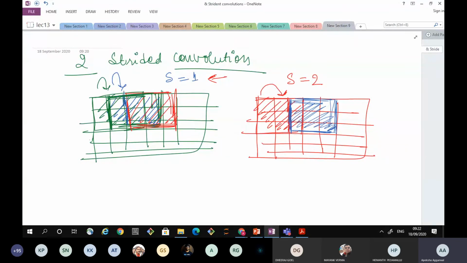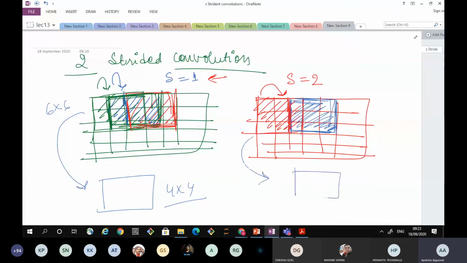You can see that if my output was 4 cross 4 with S equals 1, then with a 6 cross 6 image my output would reduce to somewhat 2 cross 2 or something like that. I think 2 cross 2. 1, 2. No, it would be 3 cross 3.